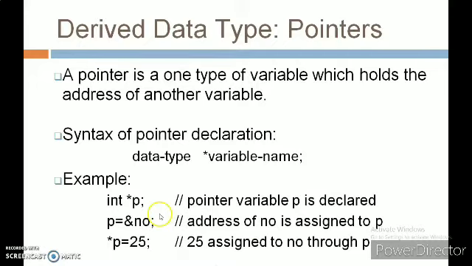So in the example, int *p means it creates a pointer variable p. p = &number means it will assign the address of variable number to pointer variable p. And *p = 25 means value 25 is assigned to the number variable through pointer p.